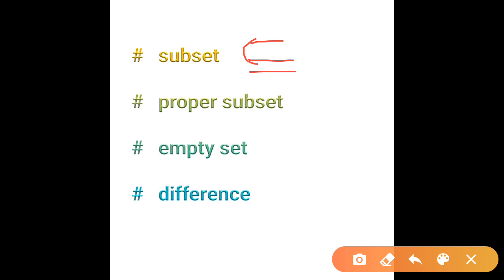Okay, so subset looks like this: like C with one line under it. Proper subset is only C. The empty set looks like a circle crossed with one line, this is phi. And the last one is difference, right?